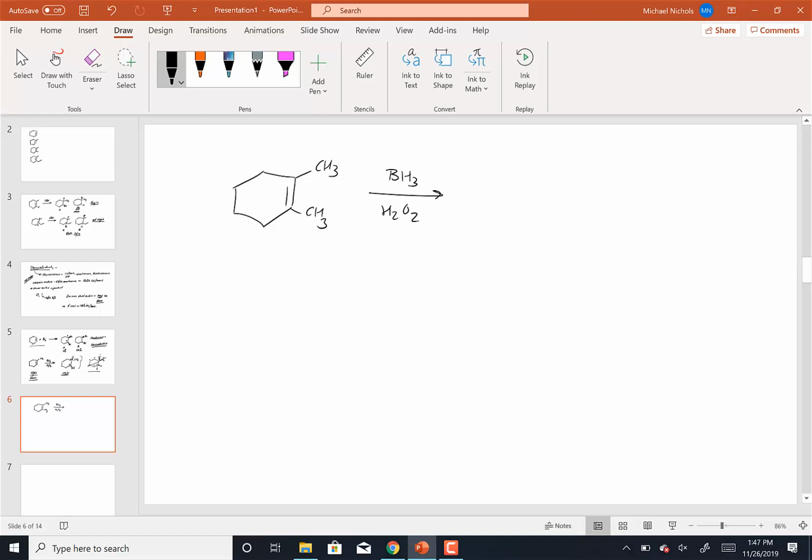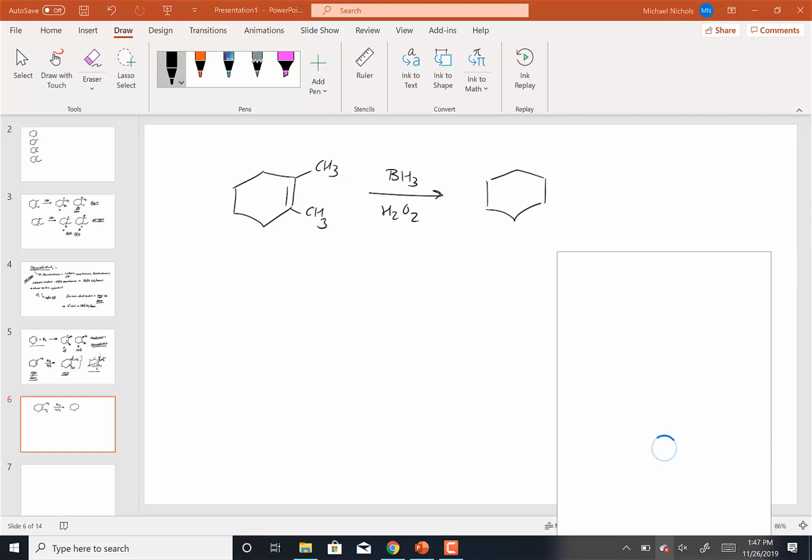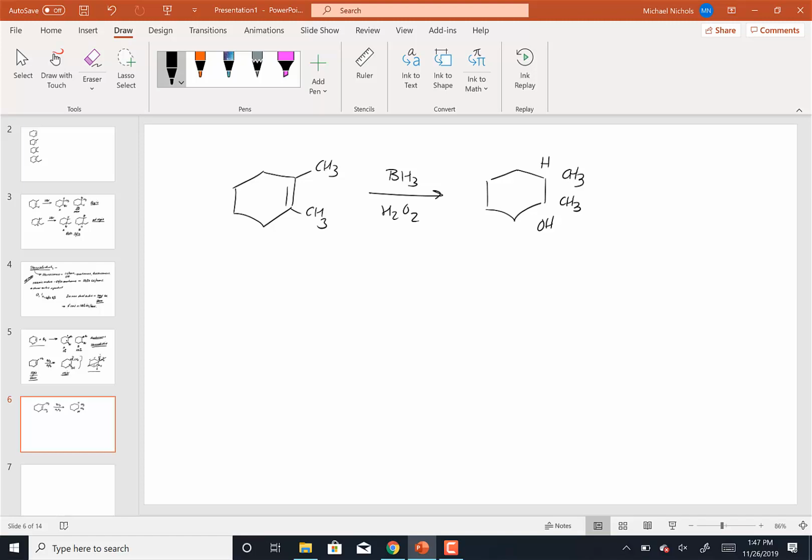Also, is it regio, stereo, both, or neither? I have to go back to the rules which say, what am I adding to the double bond? H and OH. Does it matter how I add them in this case? In other words, is this reaction regioselective?